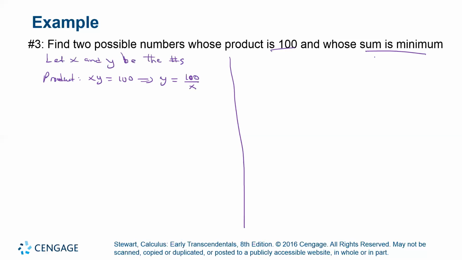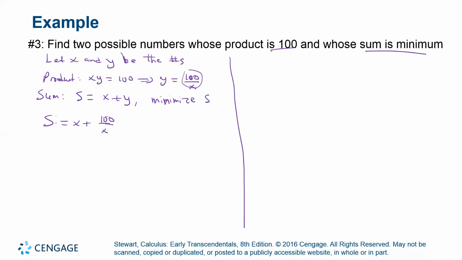And then the sum, let's use S for the sum. The sum is x plus y. And then we need to minimize S in this case. Now when we plug in this expression for y, then S is equal to x plus 100 divided by x.